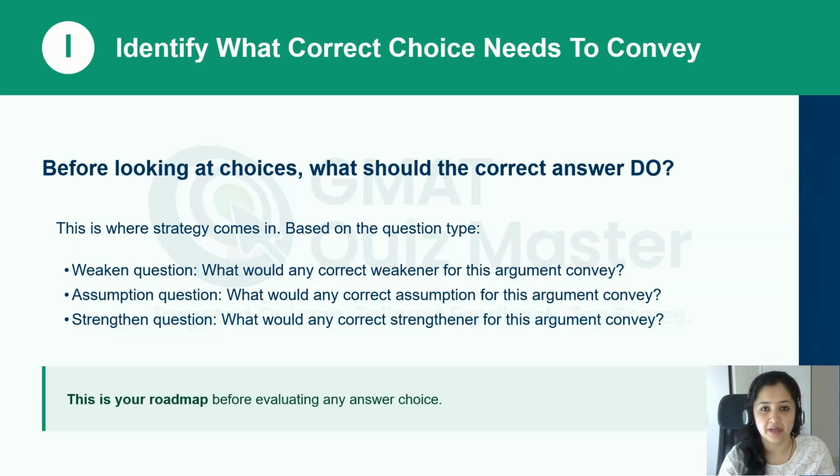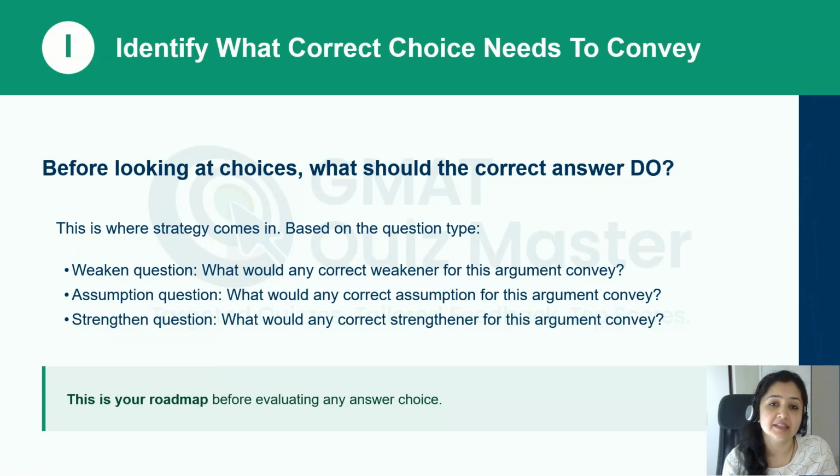I stands for Identify what the correct answer choice should convey. So, even before you look at the options, you need to think about what it is that the correct answer choice will definitely convey. For example, for a weakening question, you need to think what any correct weakener for this particular question should convey. For an assumption question, what should any correct assumption for this particular argument convey?